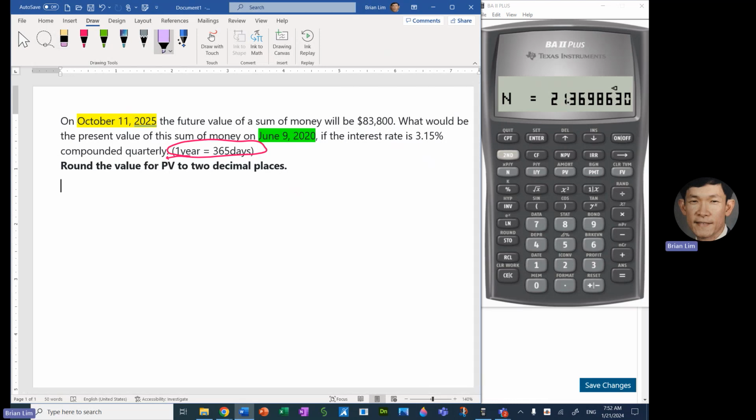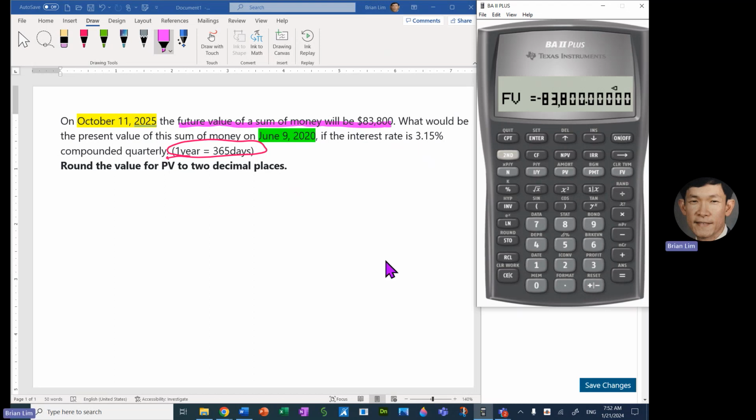So we should be careful and mark it in. The future value of the money is 83,800. I will put it in as negative for the future value. Now I haven't put in the interest rate.